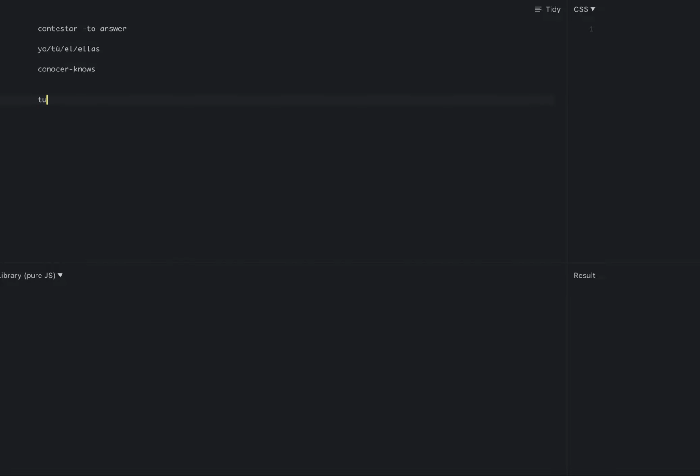So to conocer. So conocer is an ER verb, and since we had the letter T and S comes before T, so we know we need to have an S. So it can either be an AS or an ES.